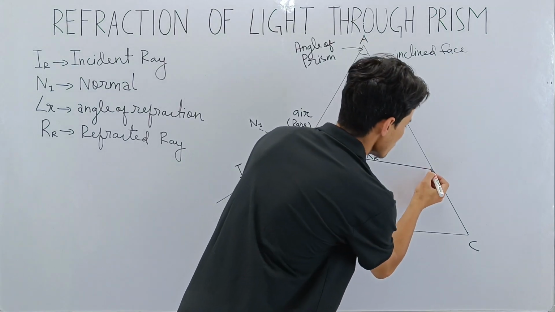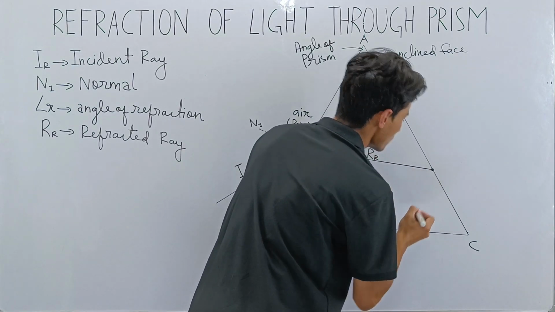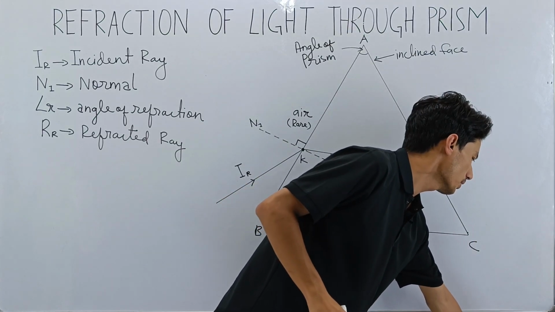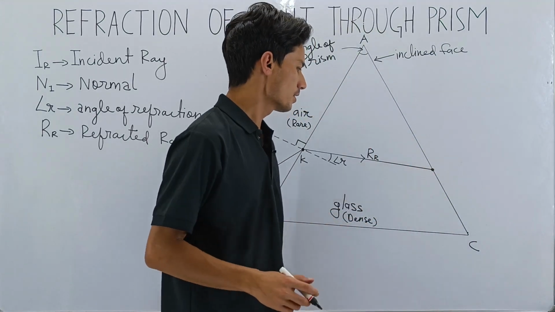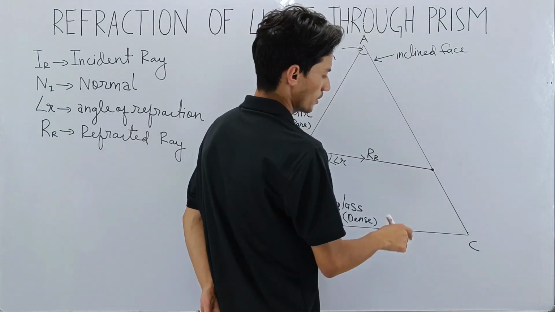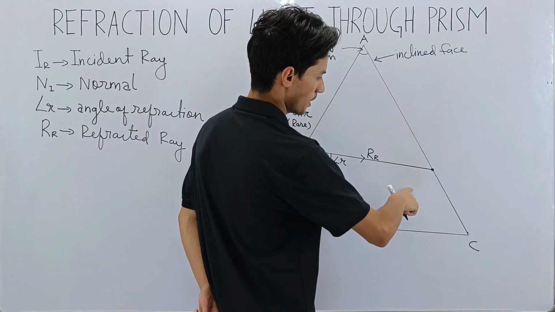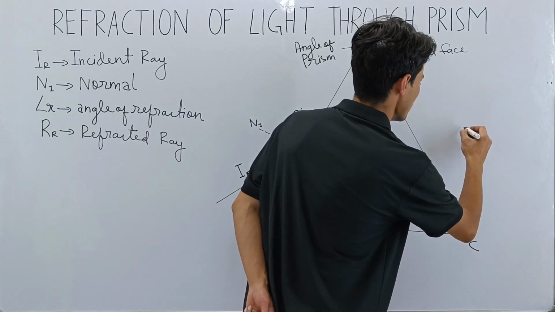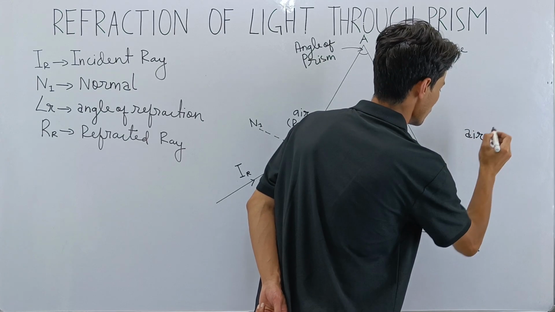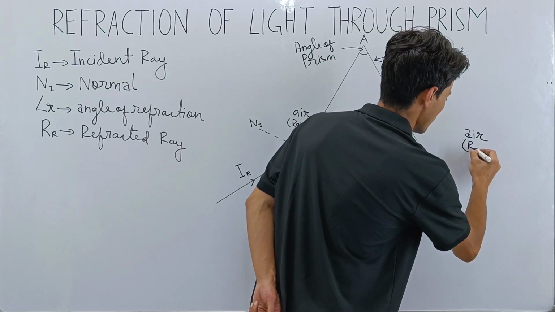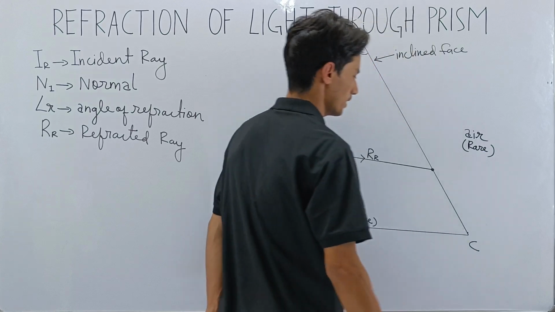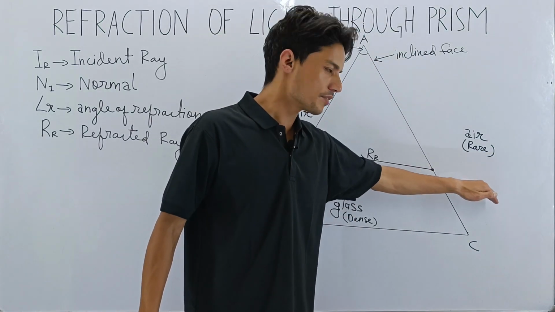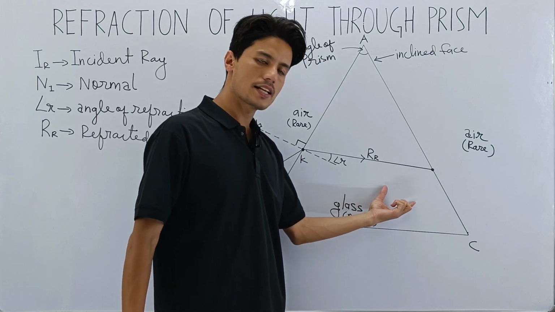Then again this becomes another point of incidence, and from here the ray will undergo refraction, bending again. Now this is glass and then this becomes air again, so light will exit to air. Air is rare, so light will exit to a rarer medium from a denser medium.